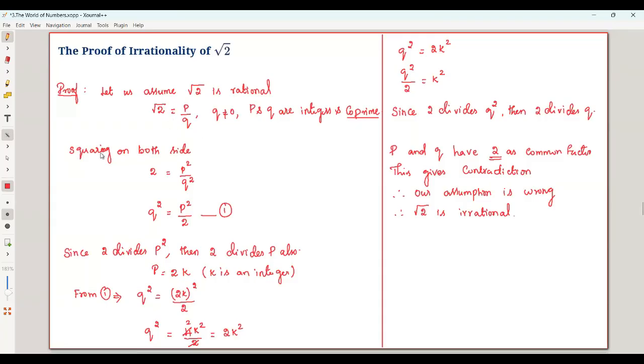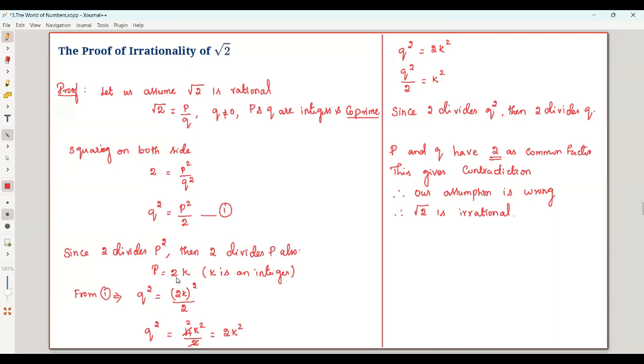For proving this, first you will be squaring on both the sides. While squaring, root 2 square will become 2, equal to p square by q square. Then interchange: q square is equal to p square by 2. That means 2 divides p square, therefore 2 divides p also. If 2 divides p, p is a multiple of 2.